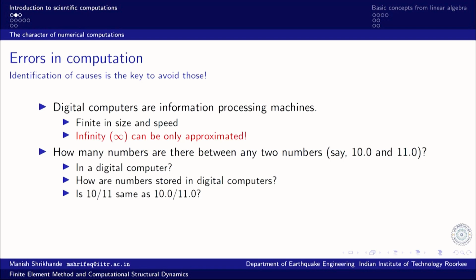Another curious thing about digital computers is the number representation as integers and real numbers. Is 10 by 11 the same as 10.0 by 11.0? These are two different types of number representation. The first one is the integer representation, 10 as an integer and 11 as an integer, and their ratio as an integer division.